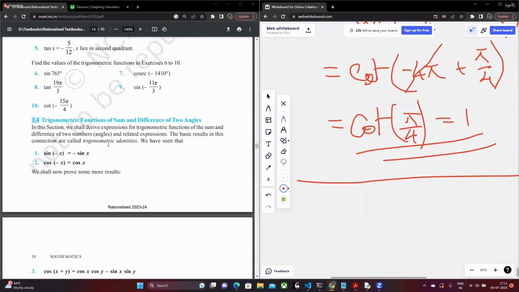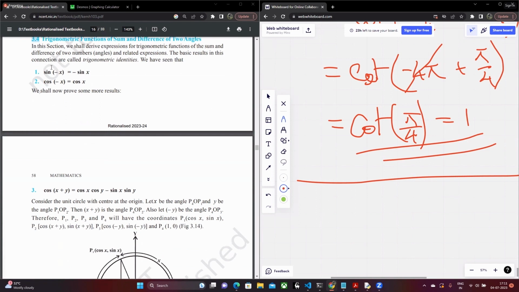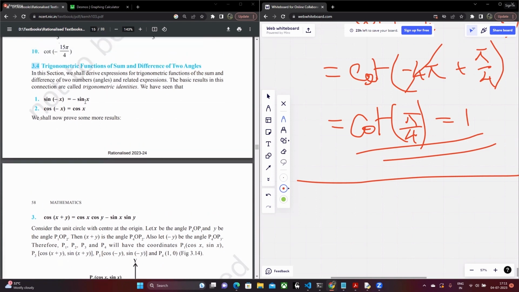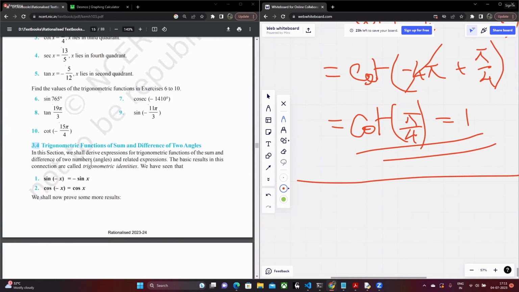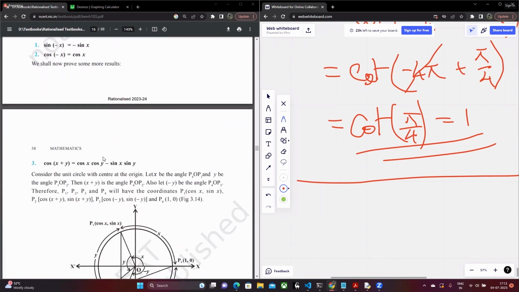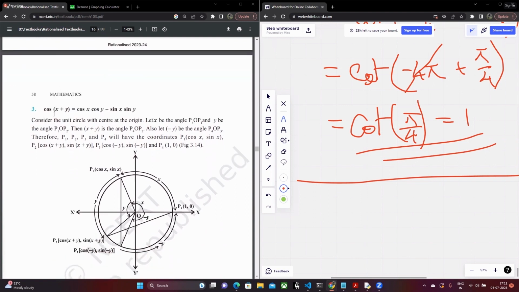The next part deals with the trigonometric functions of sums and differences of angles, right? You know that the identities are sin of minus x is minus sin x, cos of minus x is cos x, tan of minus x is minus tan x, and so on. Okay, those are identities. But now you're going to deal with the formulas of sum, the formulas of difference, and sums of two cosines, sums of two sines, those formulas, right?